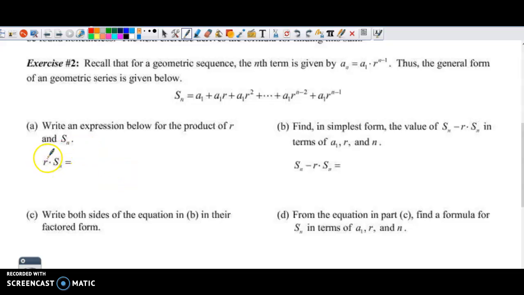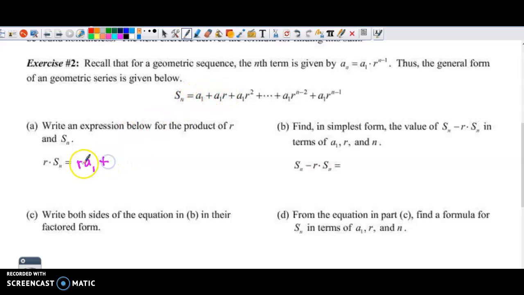But what they did is they first started by taking this term and multiplying both sides by r. Well, think about it. If you multiply both sides by r, what you're really doing is distributing an r into all of those terms.